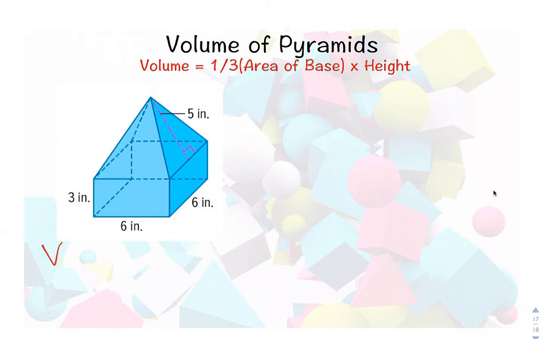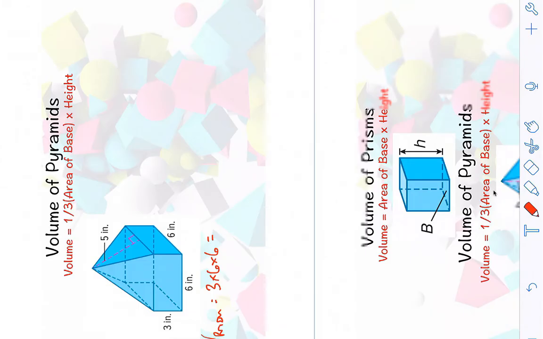So the volume of the prism, that would be our area of the base, 3 times 6 times 6, right? Times your length extended. So 3 times 3, or 6 times 6 is 108. Oh, sorry.